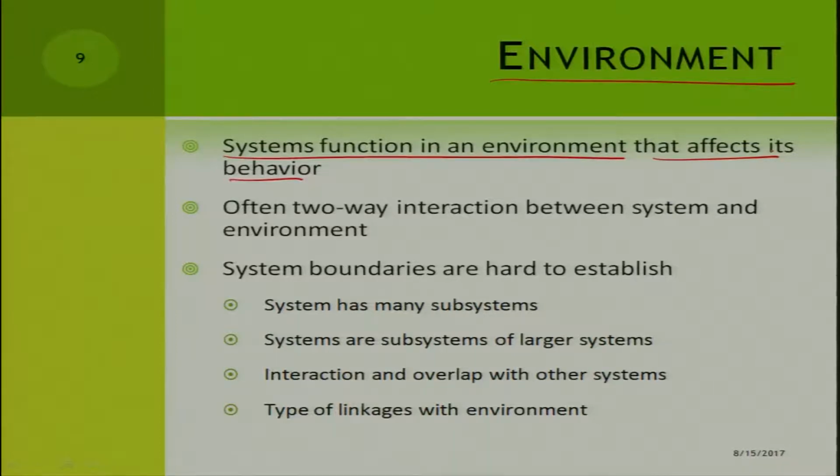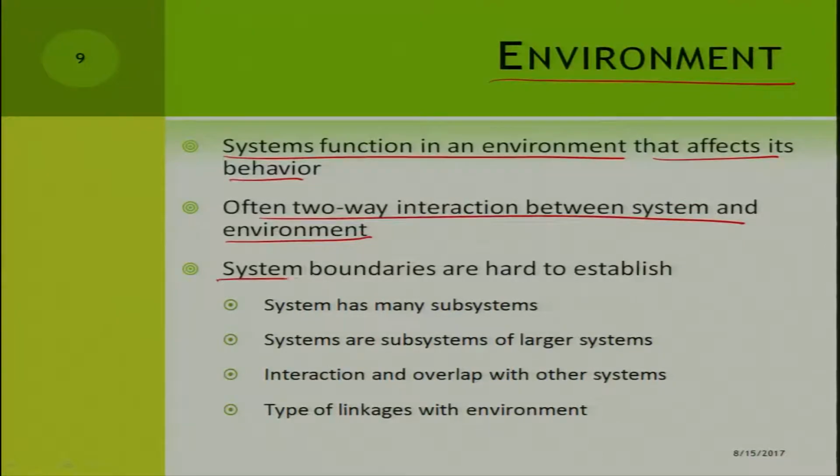The earlier traditional model was about cost, time and quality, and now environmental factors are also being put into the system. Typically there is always a two-way interaction between the system and the environment. You are always taking in something and you are also giving something back. For example, you are taking raw materials from the environment into the system, and then you might be giving carbon dioxide out, stuff like that.